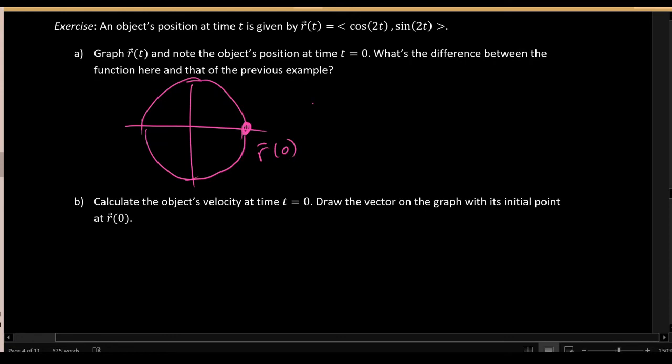The only difference between the function here and the one in the previous example is that the object reaches every location earlier than it did before. For example, it reaches the left half of the unit circle when t is equal to just pi over 2, because that time will get doubled before it is fed into cosine and sine.